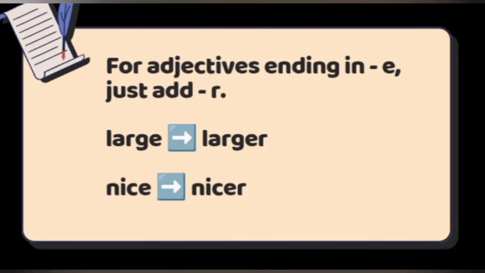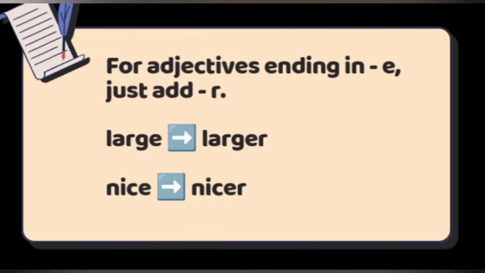Both these words end with e in the base form, that is in the positive form. So in those cases, we just need to add r, and then if we have to change it into the comparative form, large, larger, nice, nicer.